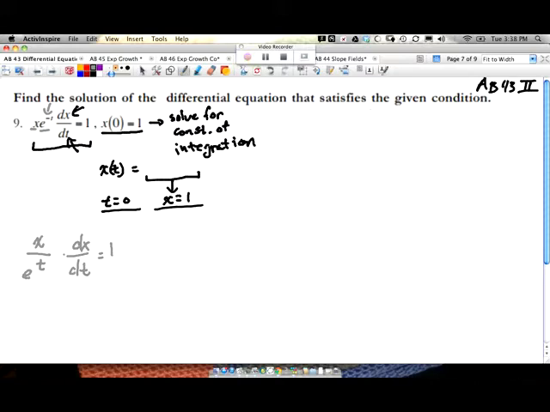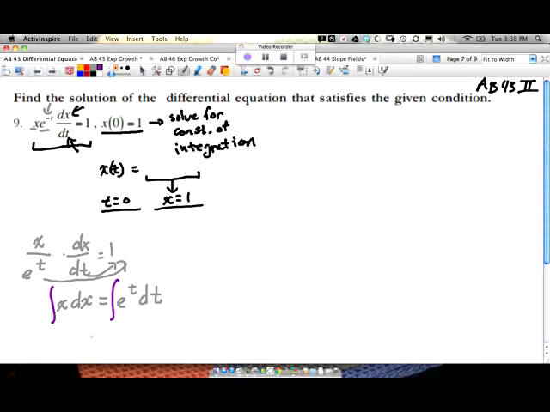This actually winds up being easier than you would think, because if I'm trying to separate the x's and t's here, I can multiply both sides by e to the t dt and move both of them over to the right side. So I would have x dx on the left side, and on the right side I would have e to the t and dt, which really are very easy to deal with. So let's just jump right into them.